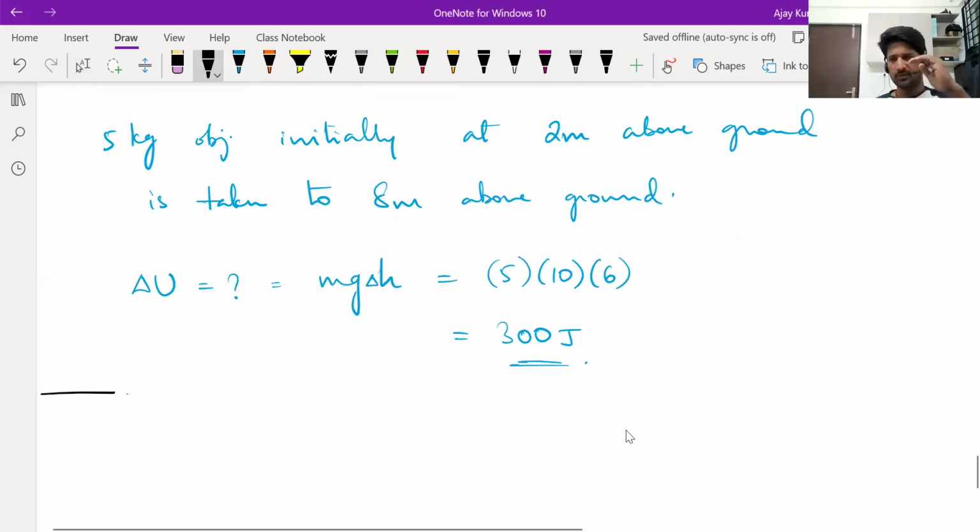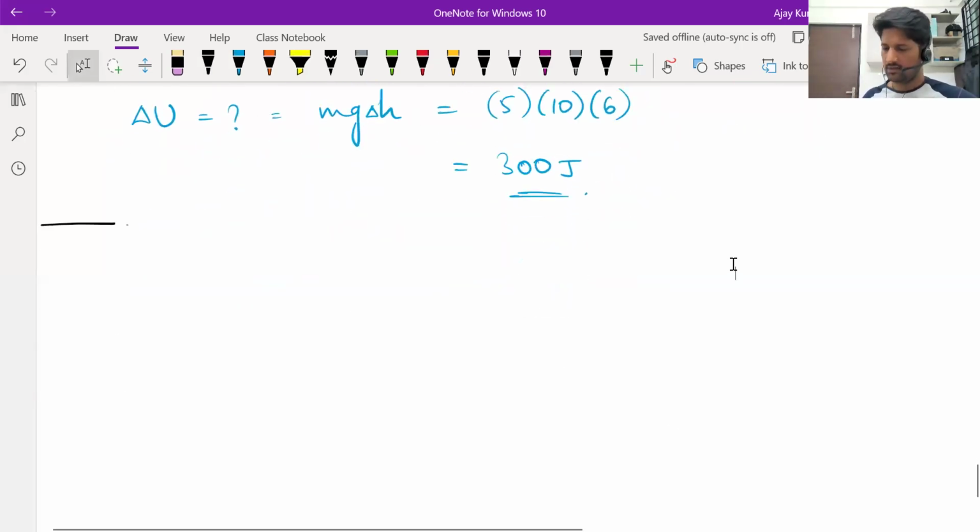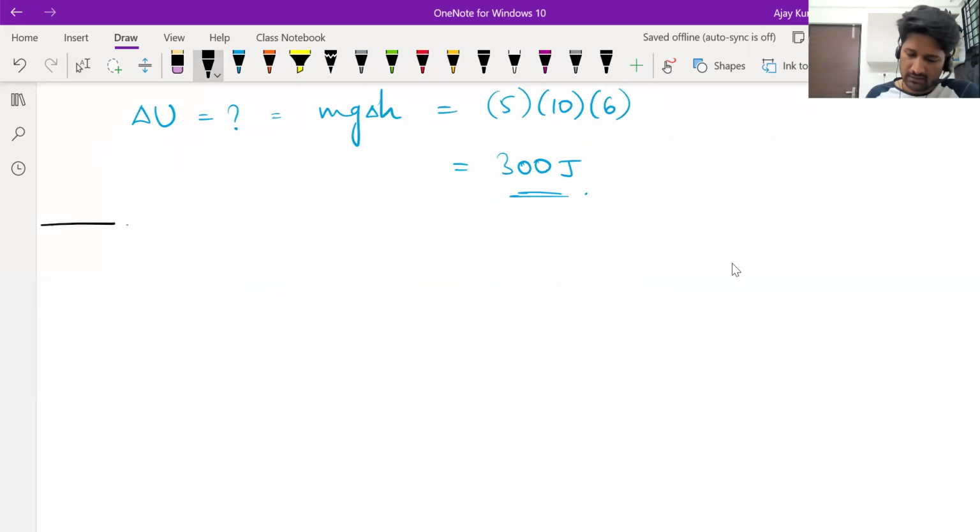So depending on how much an object is rising or falling, you can tell the change in its gravitational potential energy. Expression for spring potential energy we'll discuss in the next class. But now we'll discuss one of the most important laws in physics in your syllabus.